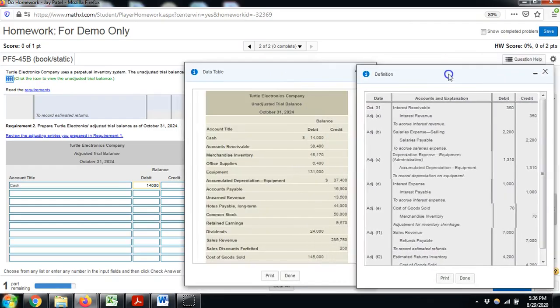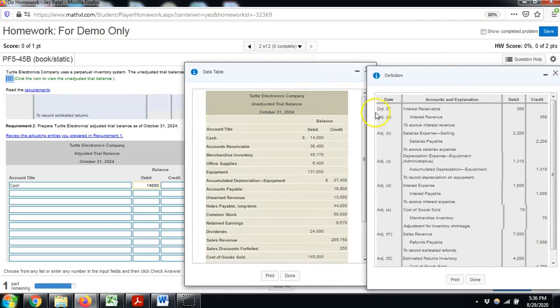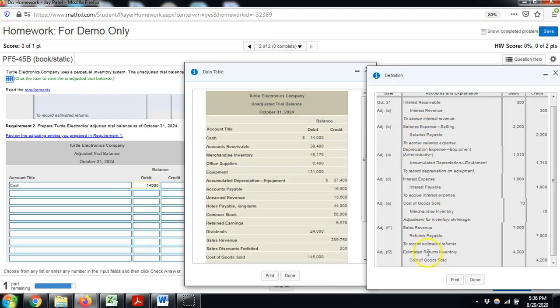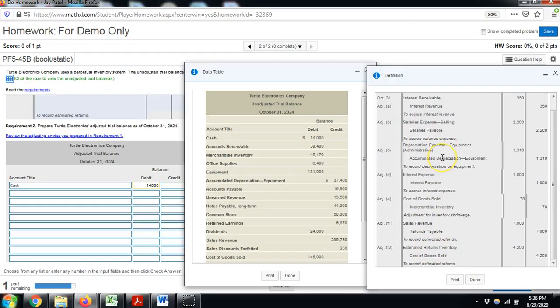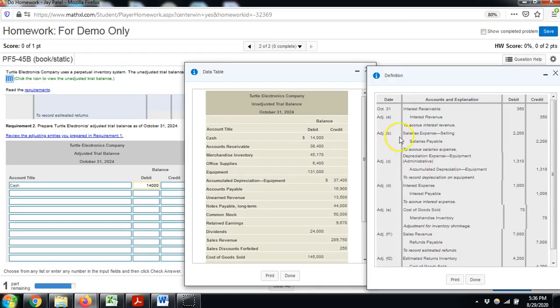Okay, so let's move on to the next one, accounts receivable. And we see here that accounts receivable was not really affected by any of these adjustments. So it should be the same.